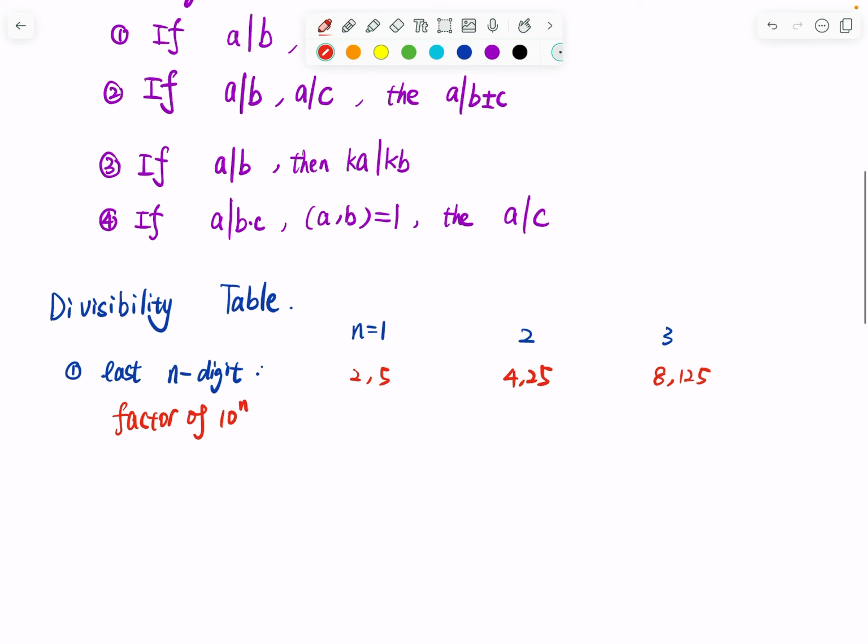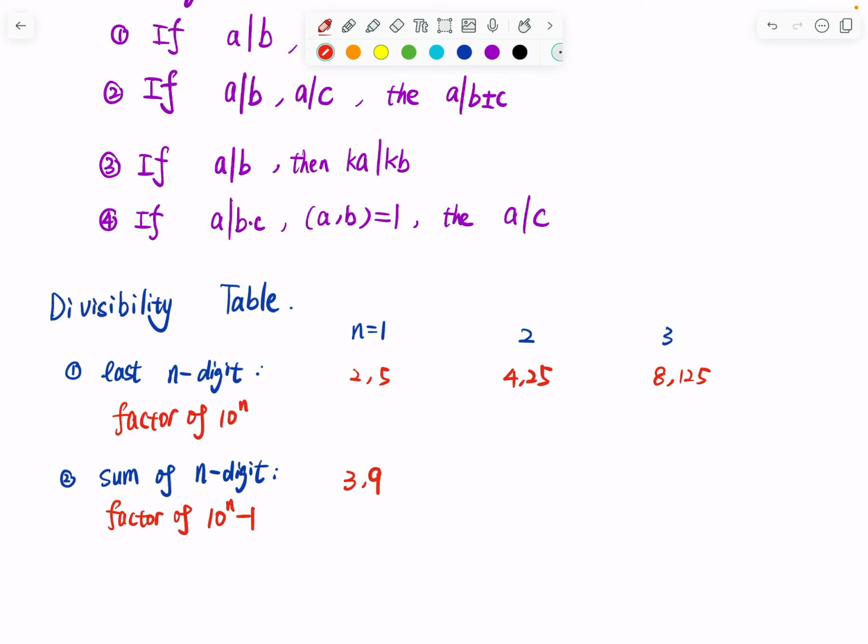Also, the most familiar one is the sum of n digits. This is about the factors of 10 to the power of n minus 1. If n equals 1, it can be divided by 9, so we can use 3 and 9.